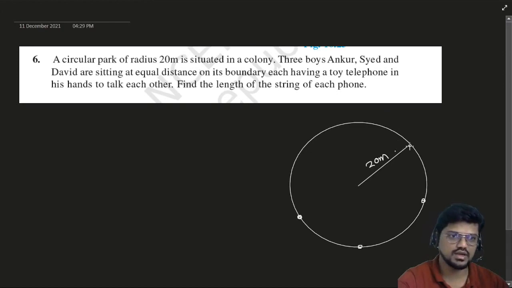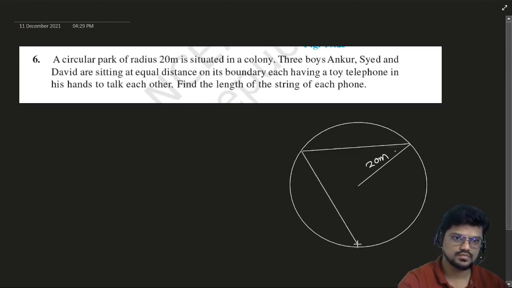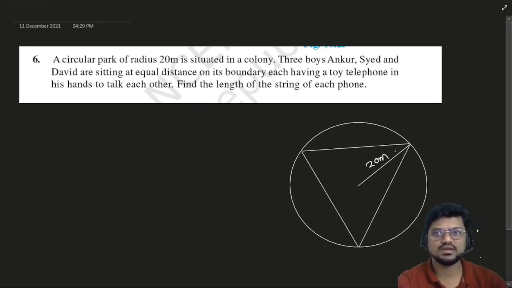It will occupy the whole circle, that means the three friends are sitting like this, where it is forming an equilateral triangle.